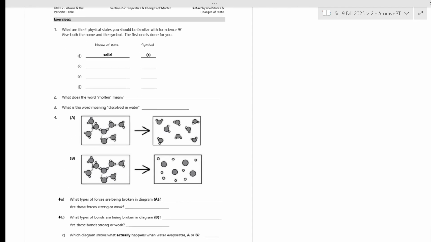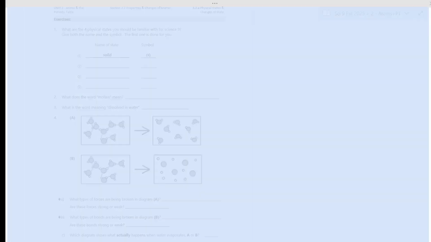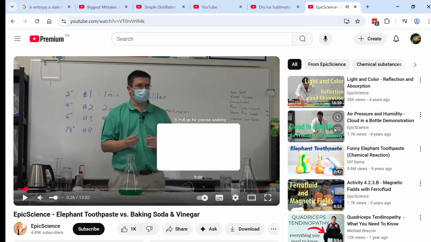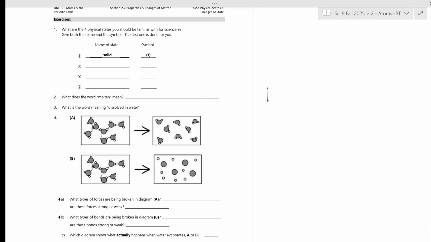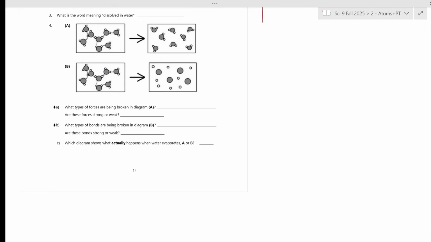So we are going to look at two different things that we mix together. Thank you so much. Is this really it? Is there a page 52?